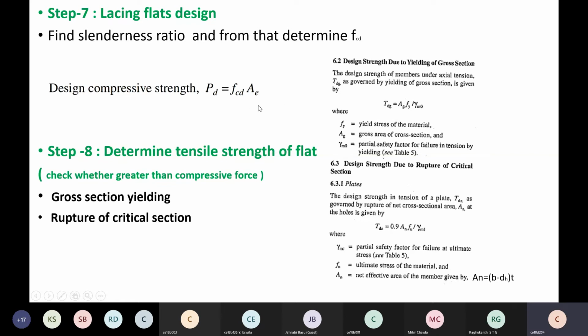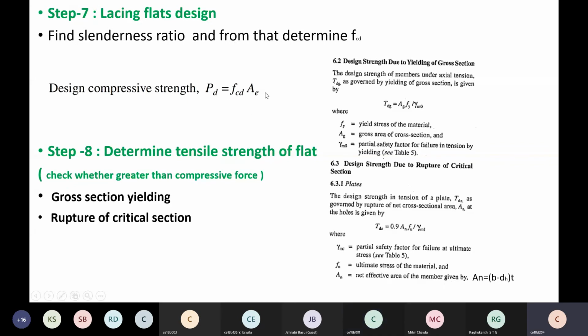Calculate FCD into area. Area is nothing but 50 into 12. FCD you know already 89 Newton per mm square. So what is the design compressive strength? 53 kilonewton. Yes, 53 kilonewton.